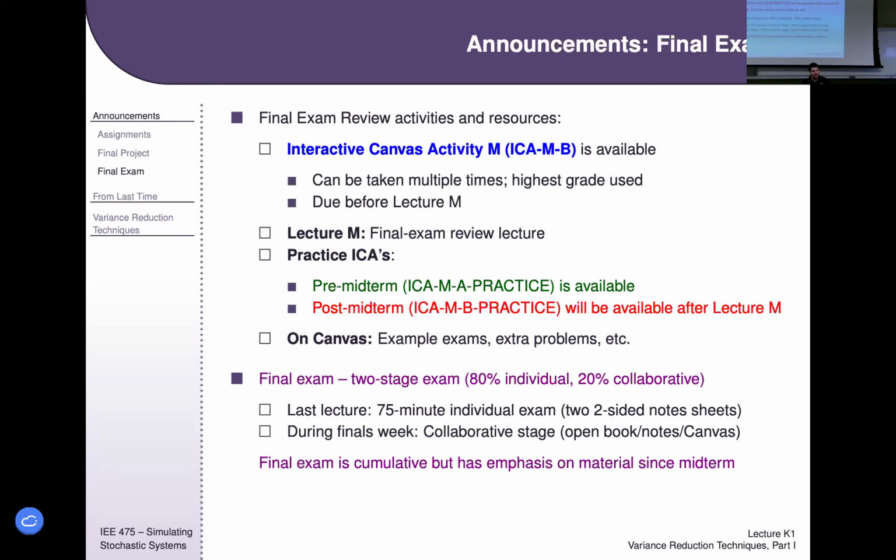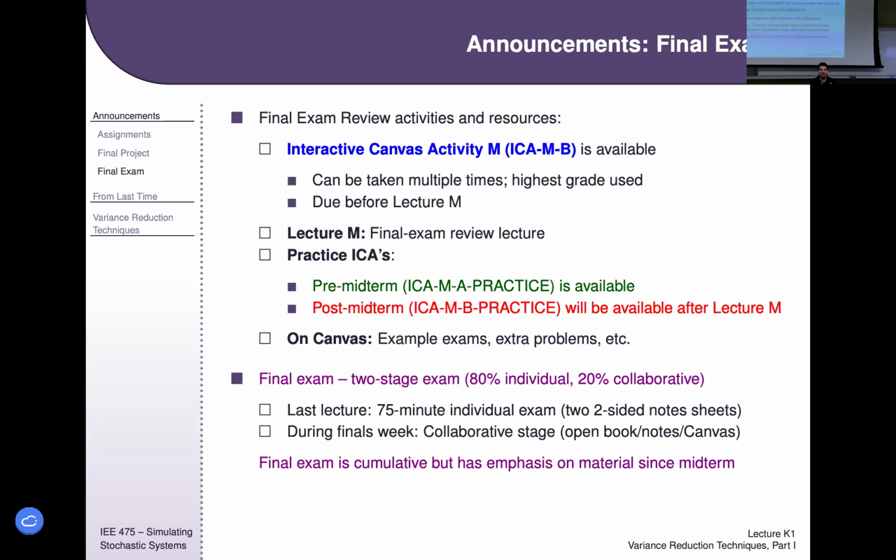The plan is to open it Wednesday, Thursday, and Friday of the last week of classes. The due date on Canvas is just to get it on your schedule and to give you my target for when I think it'd be great if you had it done. The due date will be Thursday, but it'll be open through Friday, so you get those three days to do stage one. You get the weekend off.